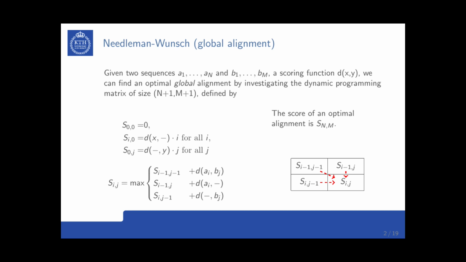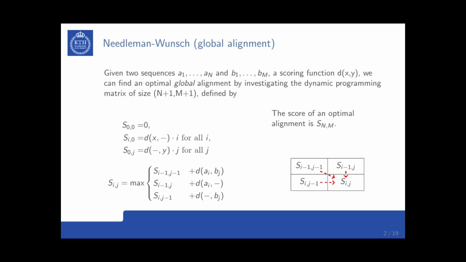So of all these three options, you just select whatever path gives you the best, the maximal score. This is a definition going from the fact that you have one element already calculated, and you can then subsequently calculate the other ones.